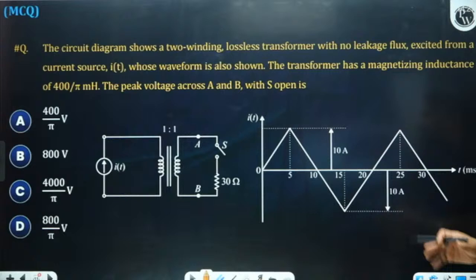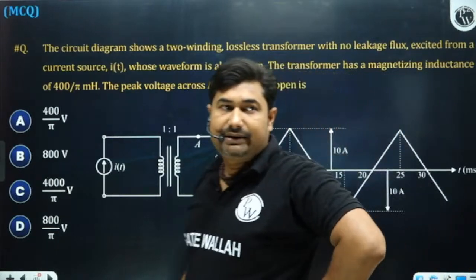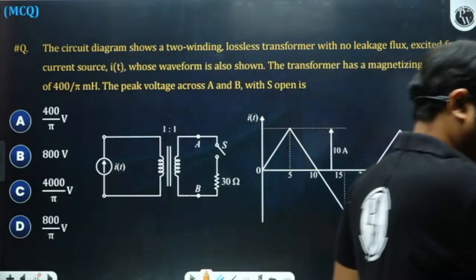Please observe here. The circuit shows a two-winding lossless transformer with no leakage flux excited from a current source IT whose waveform is also shown. The transformer has a magnetizing inductance of 400 by pi millihenry.